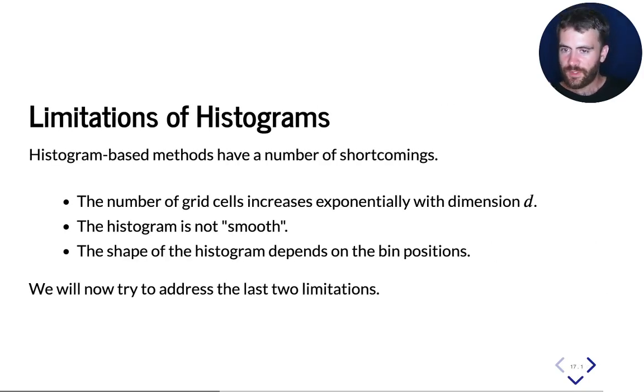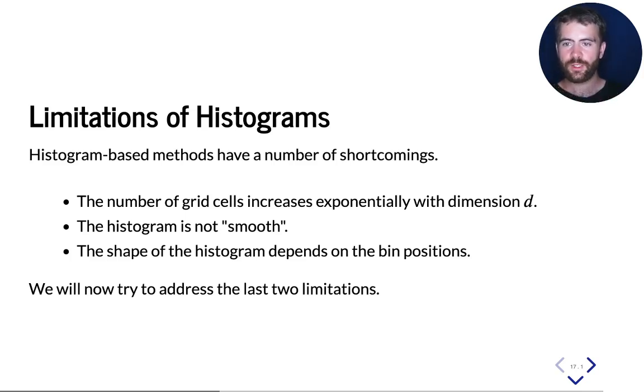Now, of course, this is the simplest density estimation algorithm that exists, and it has several shortcomings. The main shortcoming, and we're going to revisit this later, this is actually a fundamental limitation of this family of algorithms, is that the number of grid cells increases exponentially with dimension d. So if I want to have cells of length 1.5, and I have 10 of them that cover one dimension, well, in 2 dimensions it will be 10 by 10, so now we'll have 100 of them.